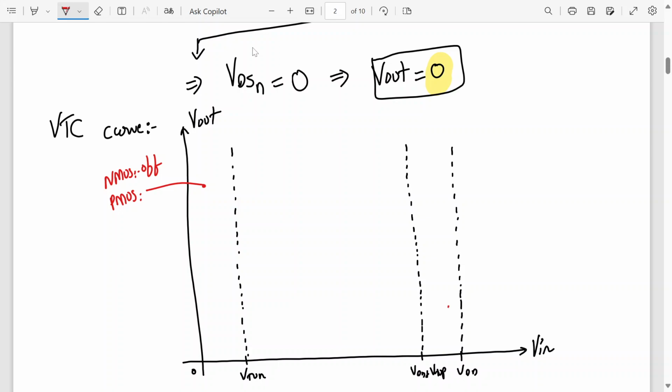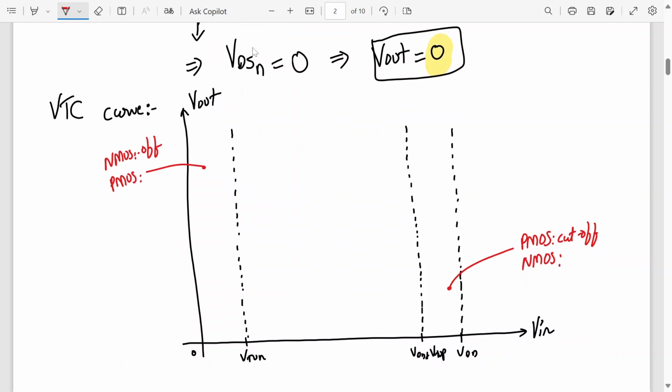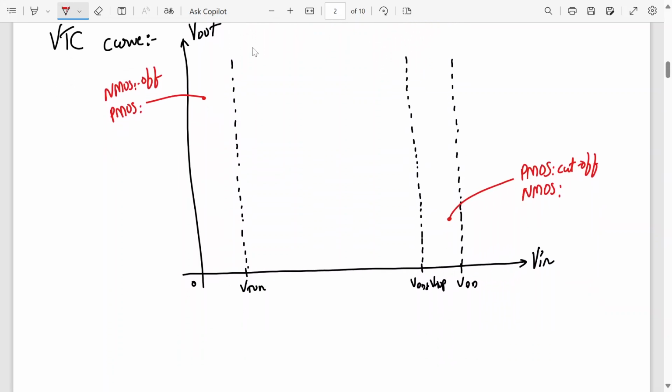We will understand that, why it is linear. Here PMOS is cut off, and NMOS is on; we will decide which region it operates in. For Vin less than VTON, what happens?